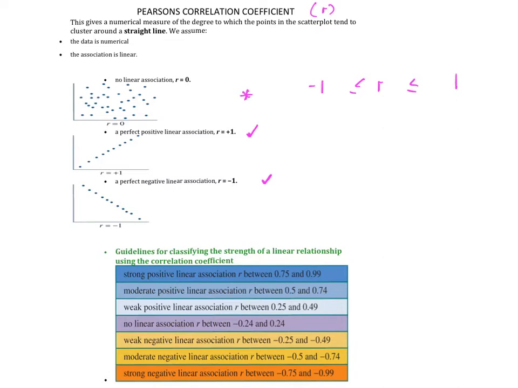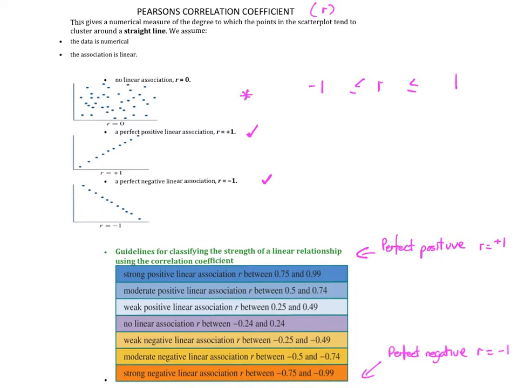This table that you're looking at in front of you helps you, once you have worked out the R value, and we're going to be doing that on our calculator. Once we get an R value, we can come back to this table and see where it fits in. Remember, up the top here, although it's not there, is perfect positive association, and down the bottom is perfect negative association, so R is equal to negative 1.